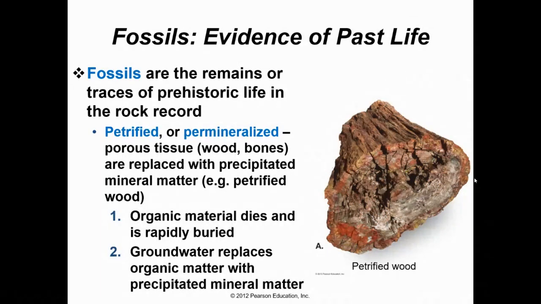What happens is these dissolved minerals will actually take the place of the organic material itself. The structure of the organic material is left, but the precipitated mineral matter will come in and fill in those structures so that they retain their original-looking structure.